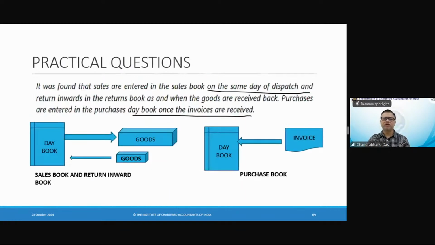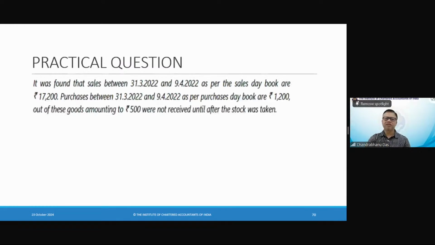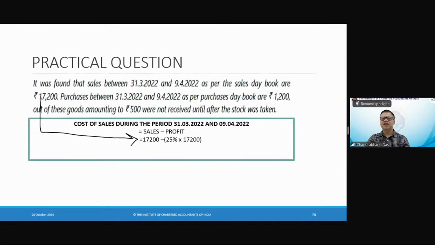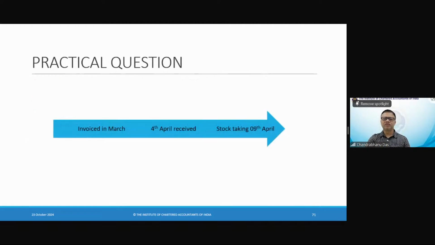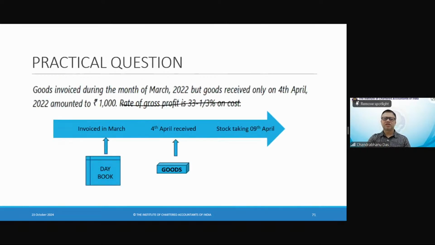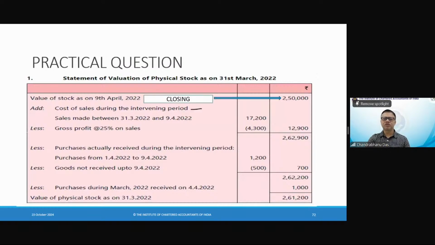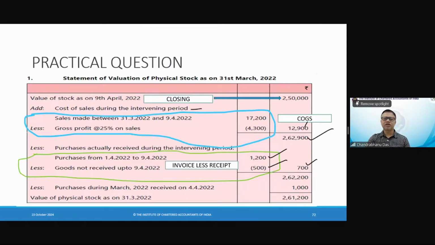We also found another such foundation question: sales are entered on dispatch and goods will be received back, but purchases are entered once the invoice is received. That is a typical problem, solved even in the foundation and in this illustrated practical question. So how do we deal with such problems? We talked about goods invoicing and how we reduce the goods wherever it is not recorded.